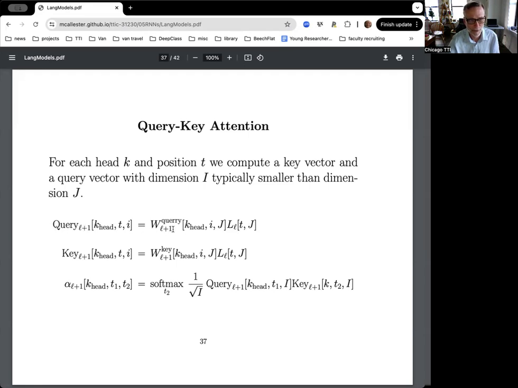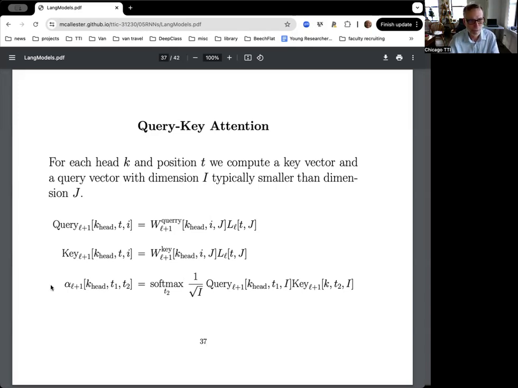The query is a query matrix with these parameters applied to the vector at that position. I also compute in the same way a key. So at each position in the sequence, I'm computing by a matrix application a query and a key.